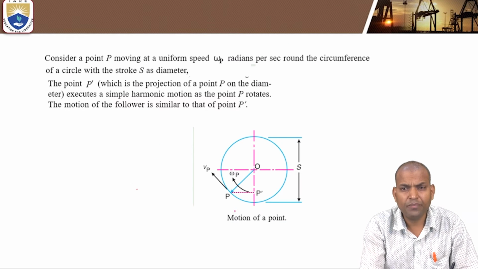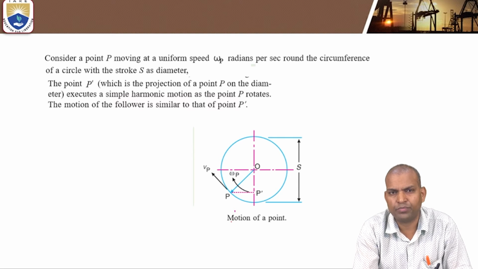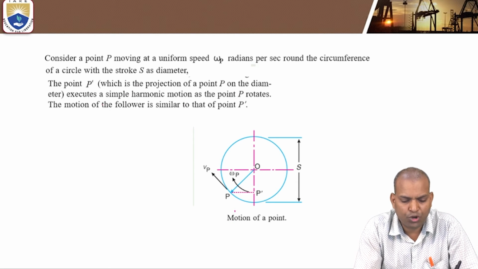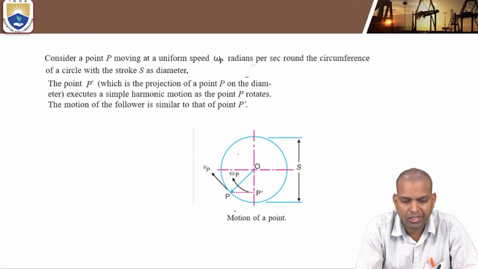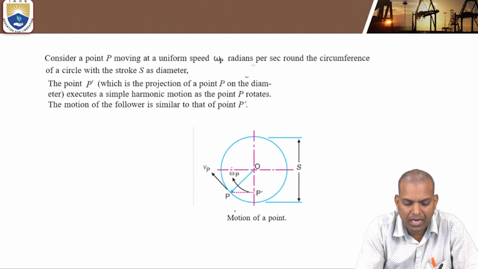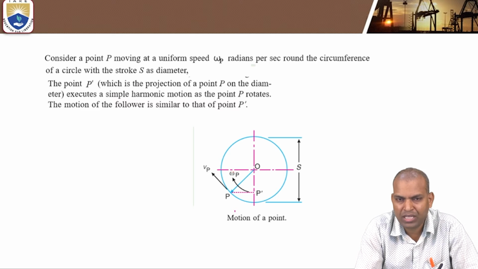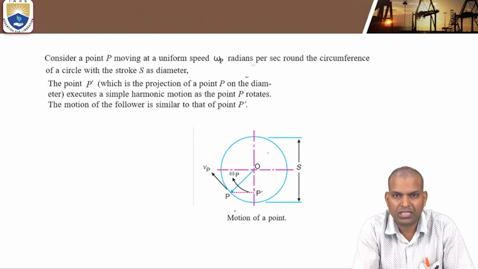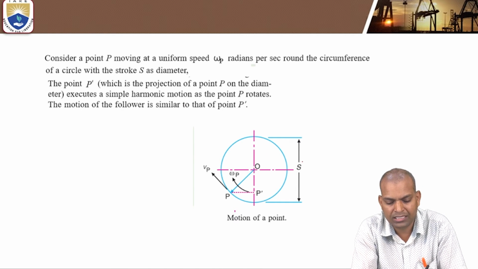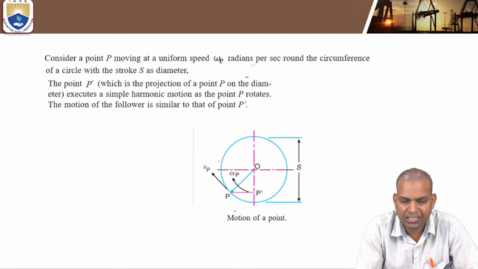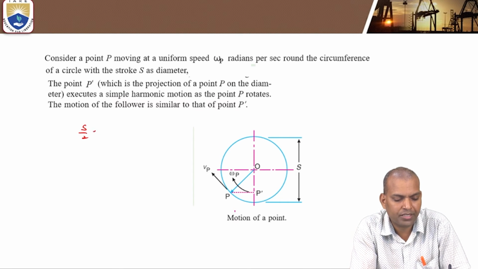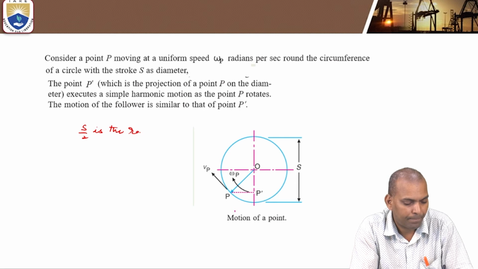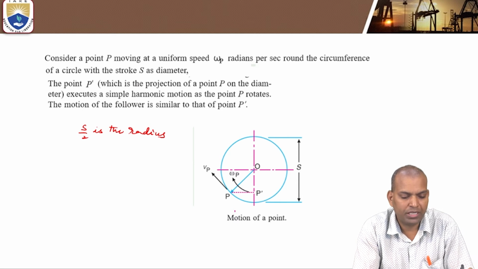Now from this circle, to understand the concept of simple harmonic motion, consider a point P moving at a uniform angular speed, that means uniform angular velocity omega p radians per second, round the circumference of a circle with the stroke s as a diameter. If the stroke s is the diameter, then s by 2 becomes the radius.